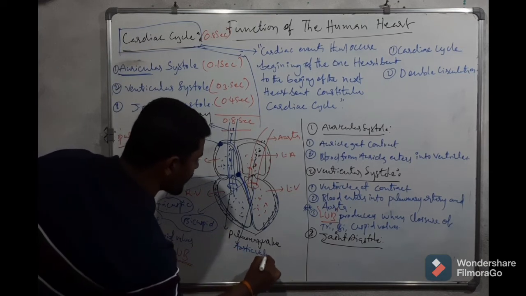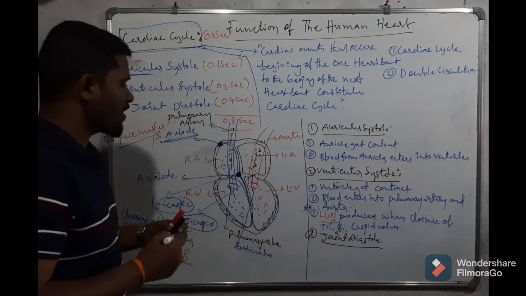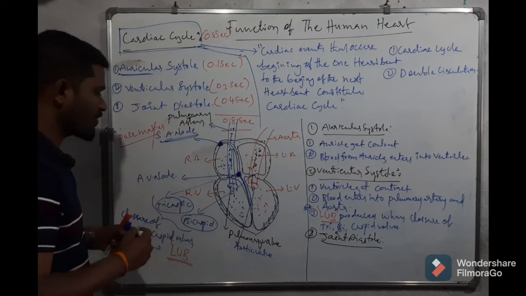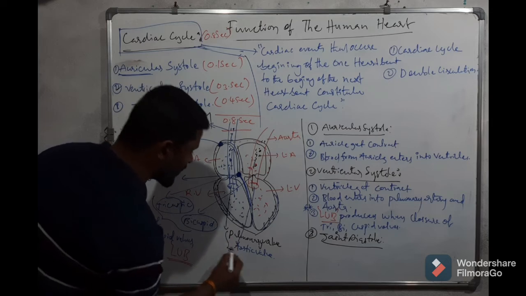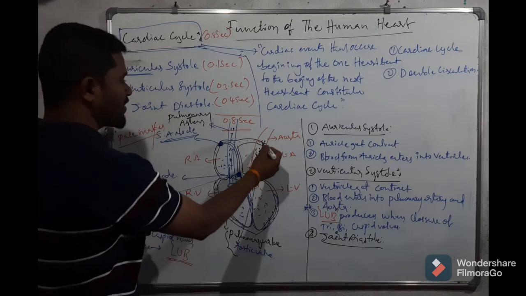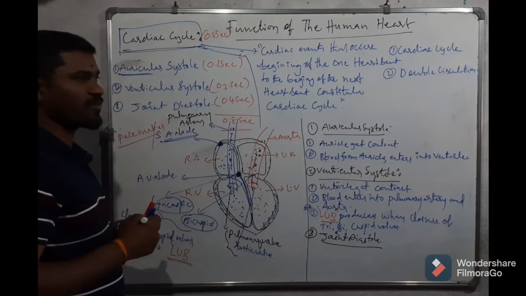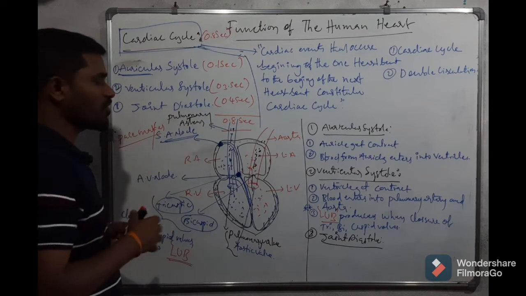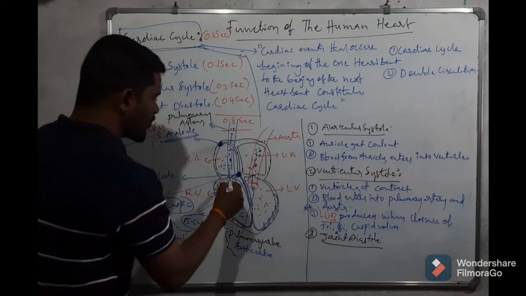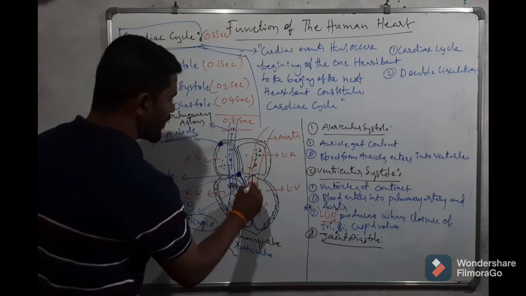The pulmonary valve and aortic valve close to prevent blood from entering the ventricles from these two blood vessels.